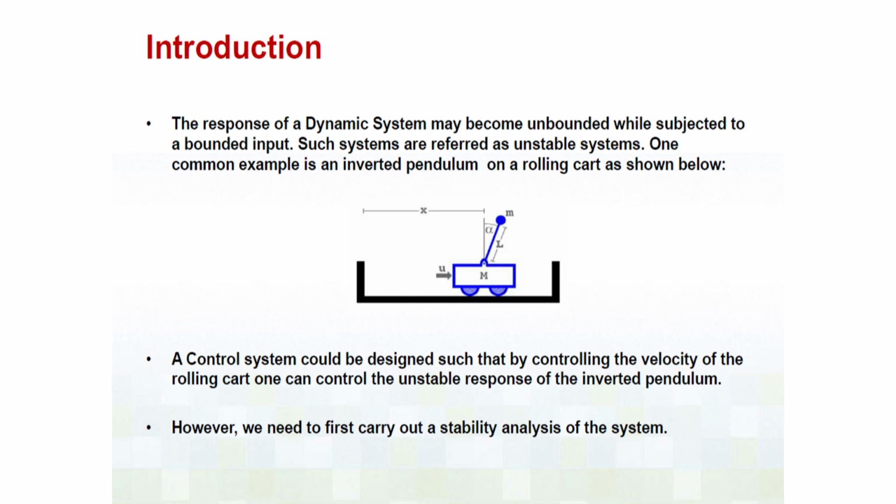One thing that can happen to a dynamic system is that many times it can actually become unstable. So, let us look into the stability of a dynamic system, which is of deep concern, particularly if you think of a problem like the inverted pendulum problem.